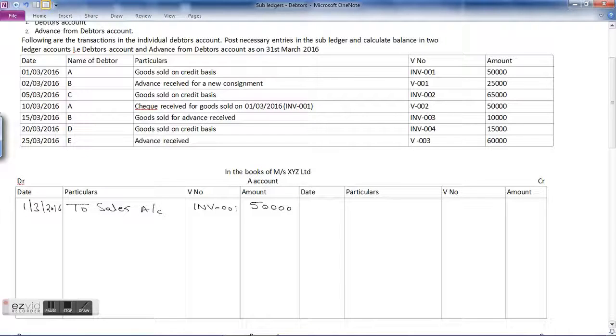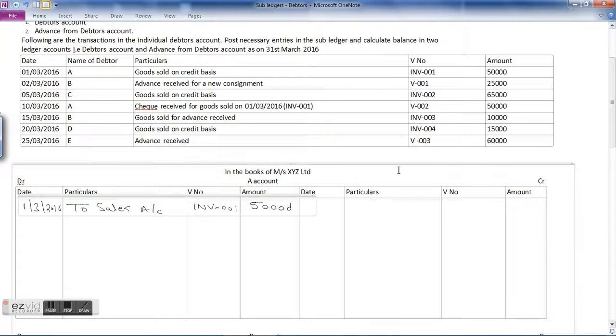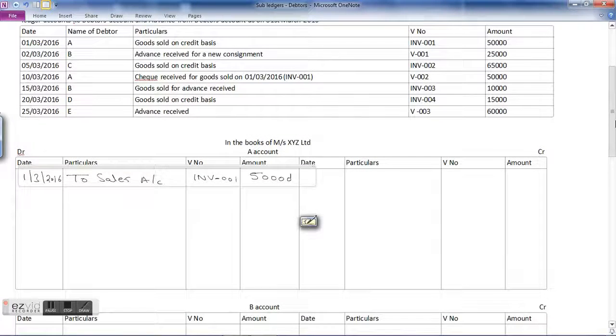Now the next transaction, 2/3/2016, name of debtor is B, advance received for a new consignment, voucher number is V001, amount is 25,000. Here the advance is received for a new consignment, so there is no sale. What will be the entry? Cash or bank account debit to B's account.